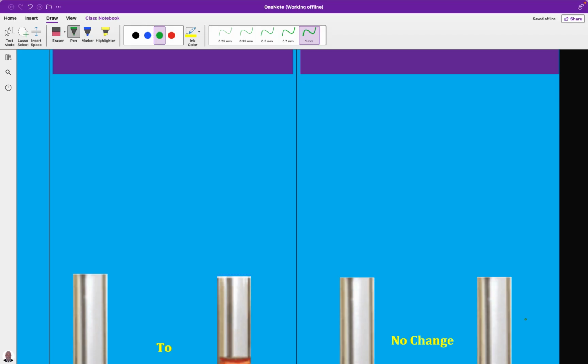Let me put it here again. Addition of a few drops of Fehling solution into the test tube here.